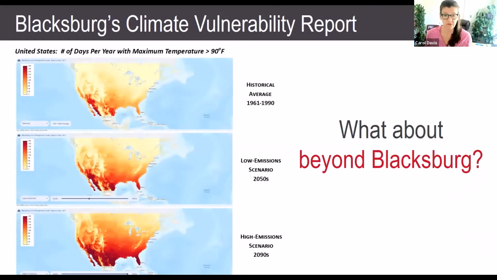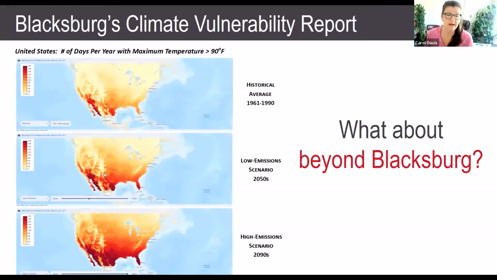But also, it's important for us to take a look at what these changes might look like at the national scale. Things like flooding have a hyperlocal effect, right? But when we're thinking about temperature and energy grid stability, or temperature and food production, hydrology, what does that look like beyond Blacksburg? Because these more diffuse impacts can affect us locally. We have to think about how to plan for that.